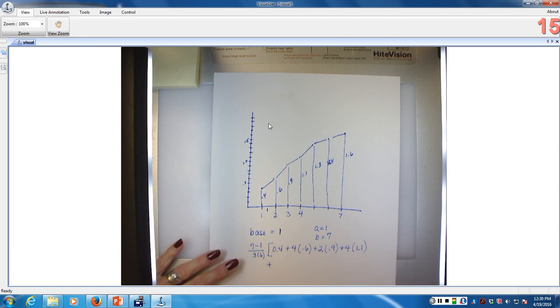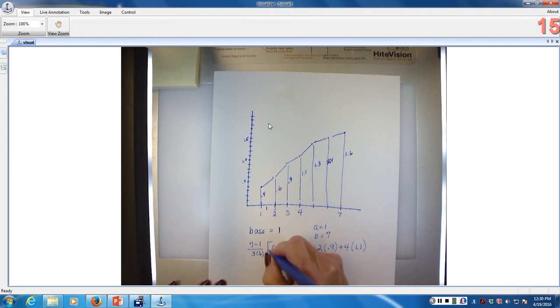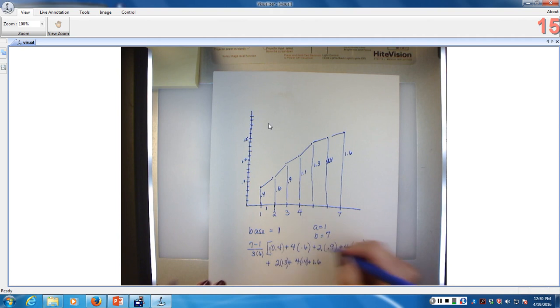Plus, now at the end we're going to have to be back down to f of x sub n, which is going to be 1.6, just the value. So before that, we're going to have 4 times this value, 1.4, plus 2 times 1.3. So it goes 1, 4, 2, 4, 2, 4, 1.